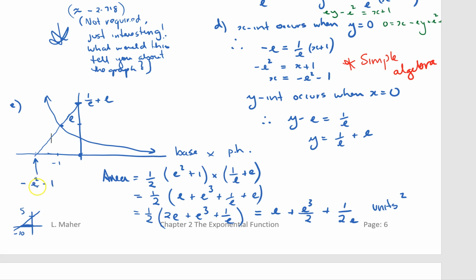We're not going to call this negative, and it is actually negative e squared minus 1, taking the negative out. We're going to ignore the negative in terms of calculating the area, because the length of this is really e squared plus 1. So you can see there I've got the base as e squared plus 1 and the perpendicular height.